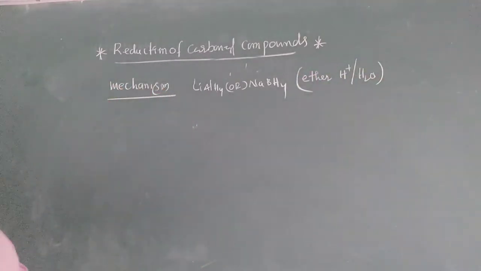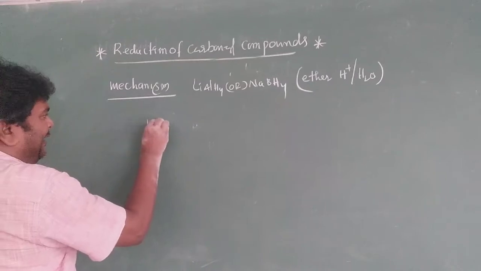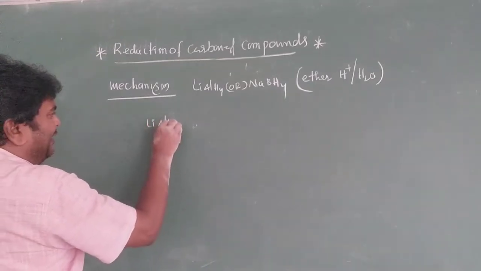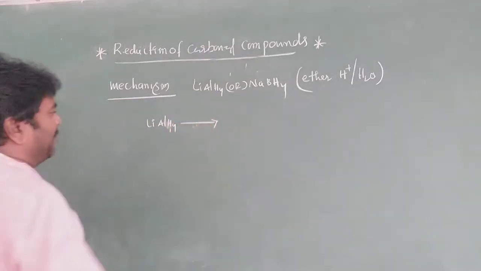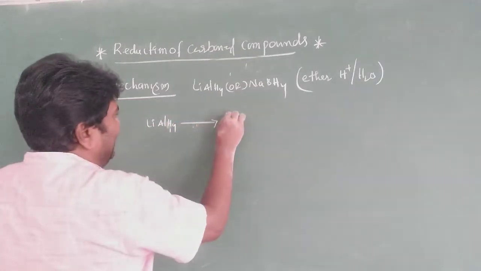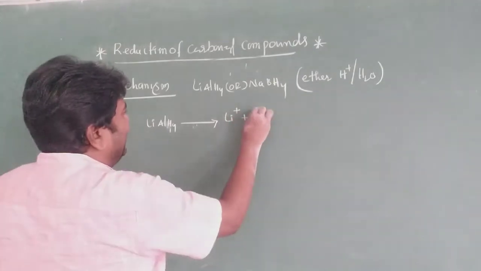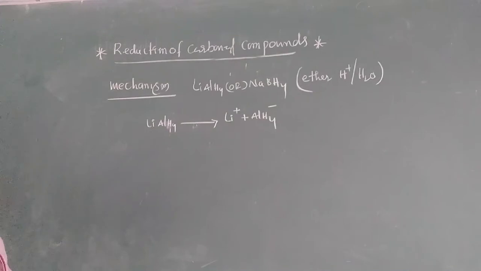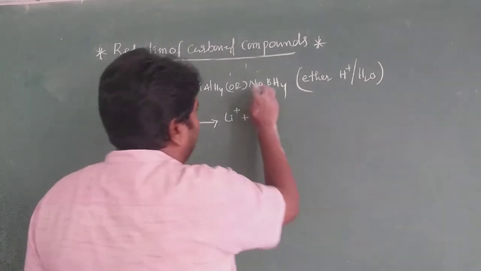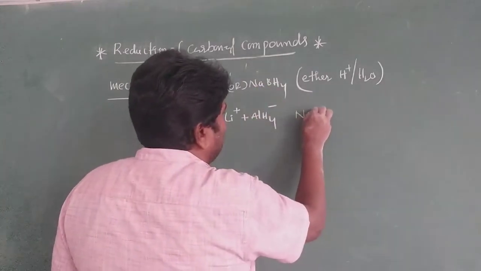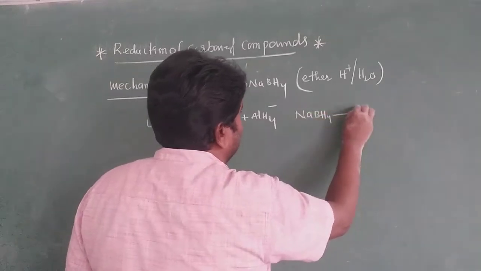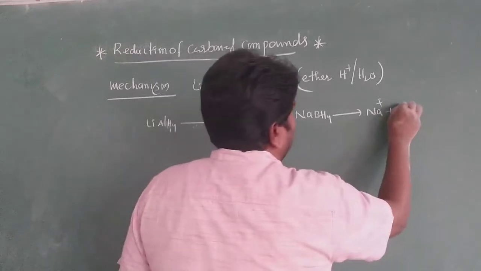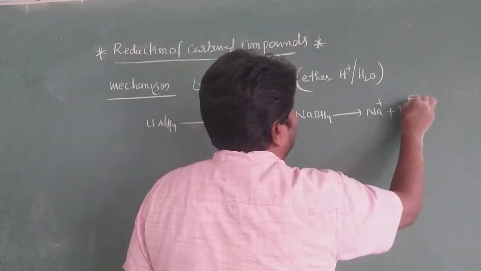What happened? First, LiAlH4 gives rise to Li plus and AlH4 minus. Next, suppose you take NaBH4, it gives rise to Na plus and BH4 minus.